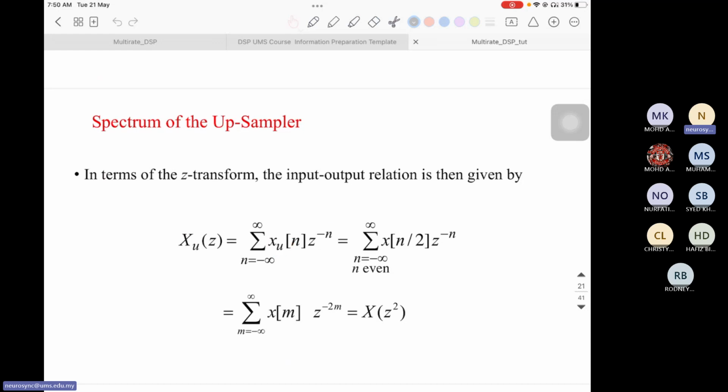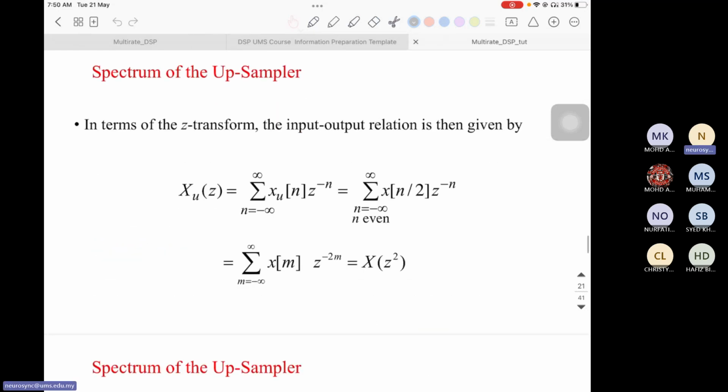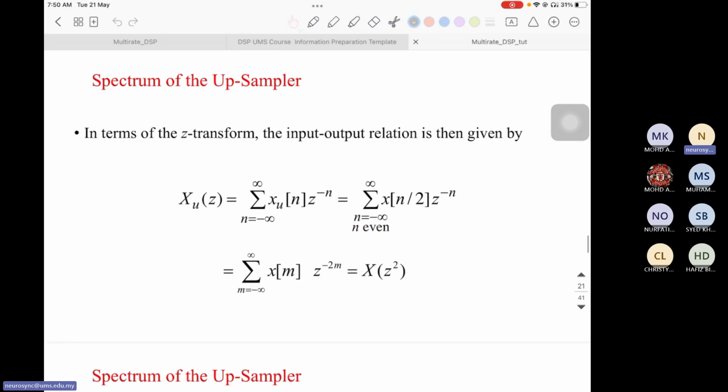I know that Xu of n exists only for even terms, plus minus 2, plus minus 4. So n equal to even, and this goes from minus infinity to infinity. So Xu of Z is the sum of x of n by 2 times Z to the power minus n.